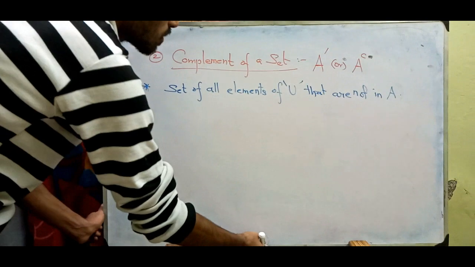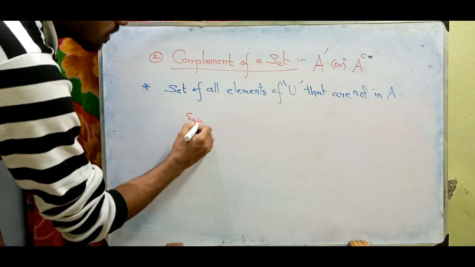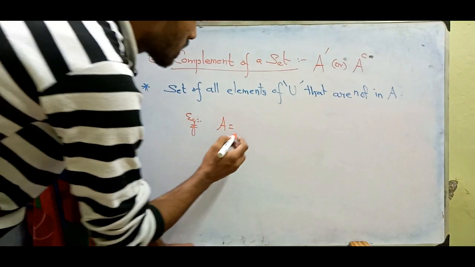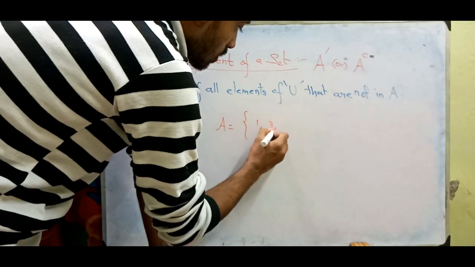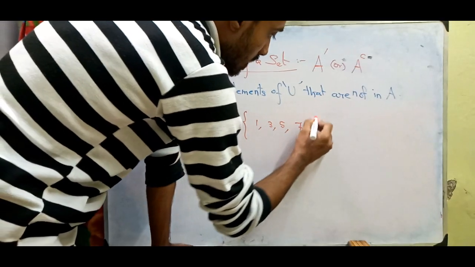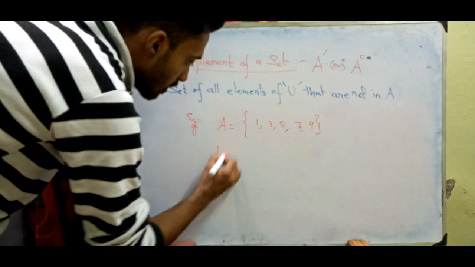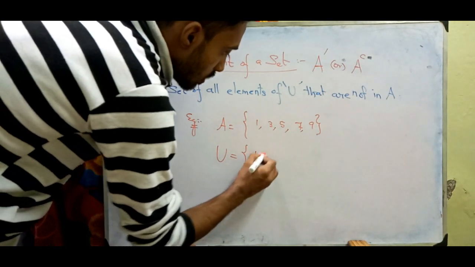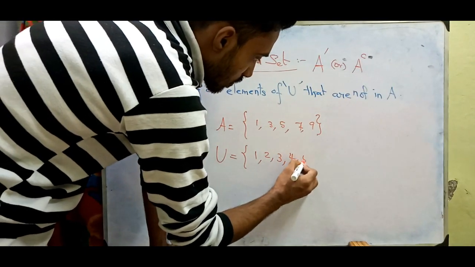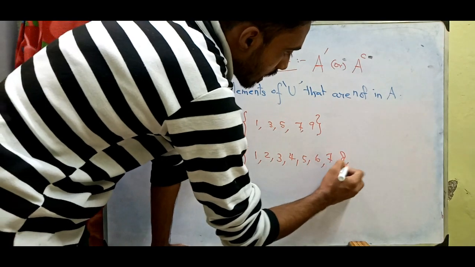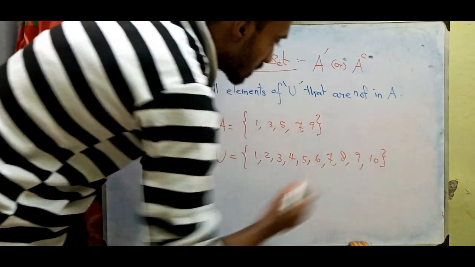Okay, let's move on to examples. So examples are A is equal to 1, 3, 5, 7 and 9. U is equal to 1, 2, 3, 4, 5, 6, 7, 8, 9 and 10.